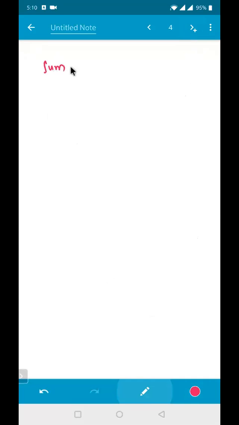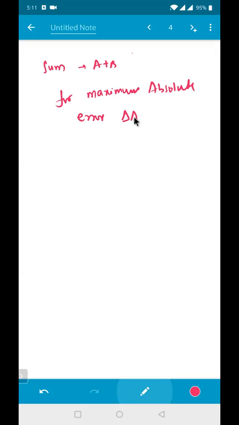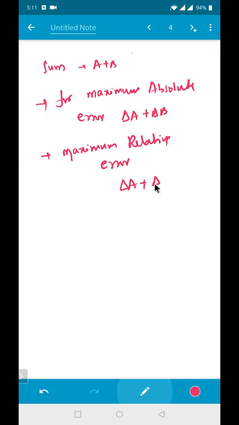So whenever I'm talking about operations like addition, the formula for this one is nothing but A plus B. And if I'm talking about maximum error or maximum absolute error right now, for maximum absolute error, it will be delta A plus delta B. If I am talking about maximum relative error, we write this one as delta A plus delta B divided by A plus B, isn't it?